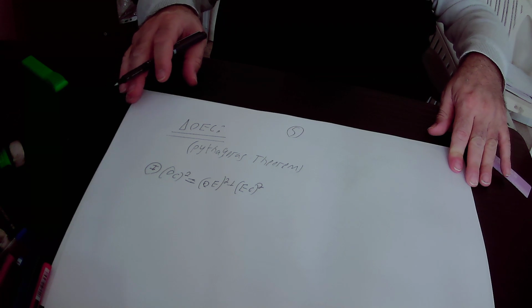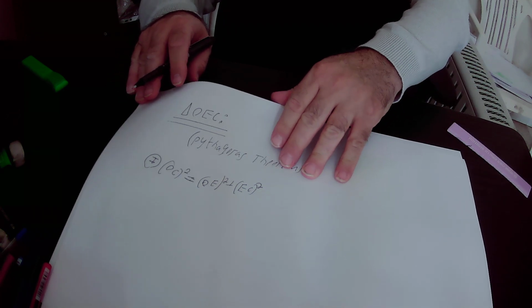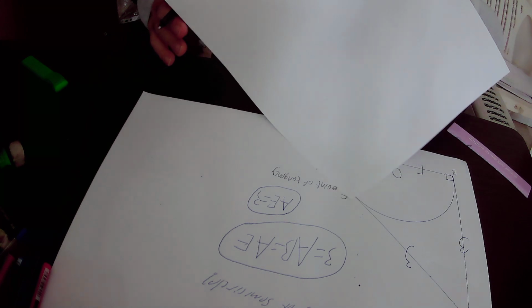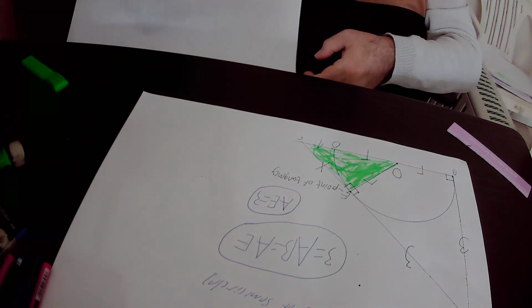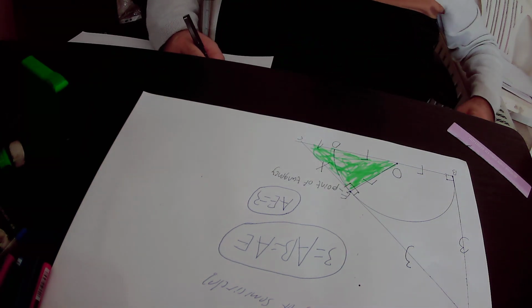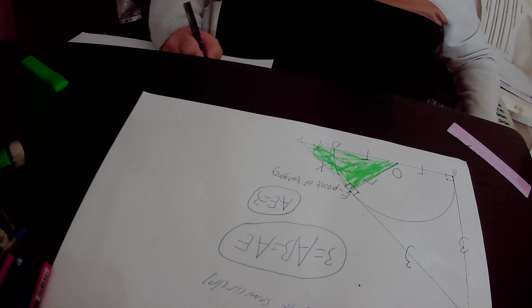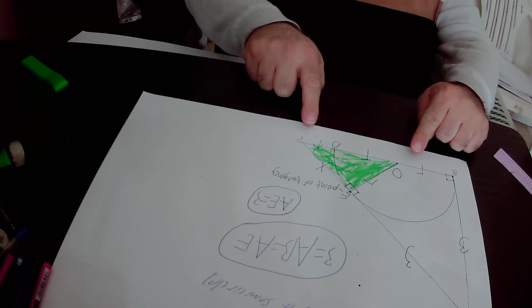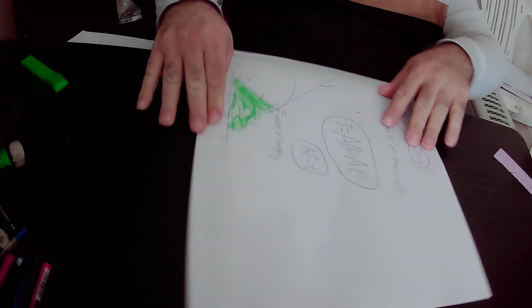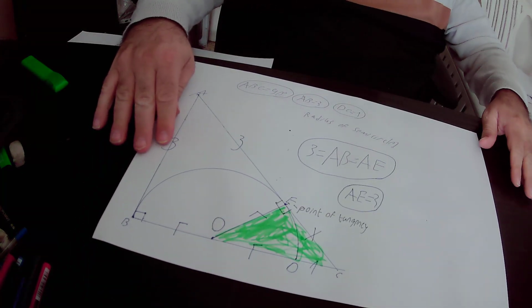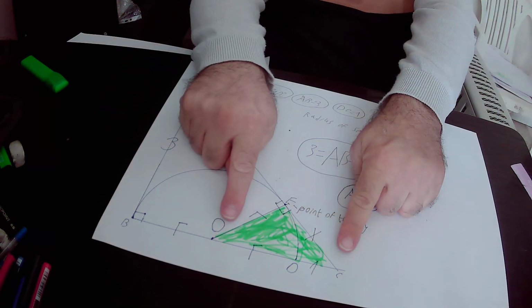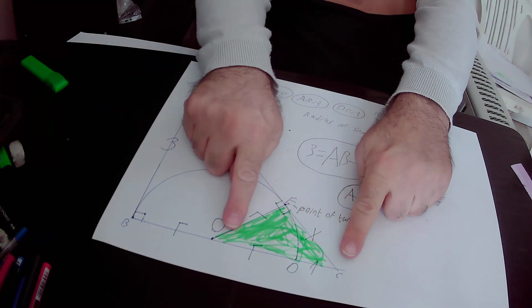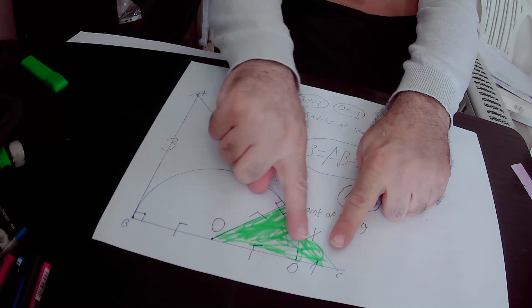But what is the value of OC, or what is the length of OC? From the drawing, you can see that the length of the hypotenuse OC equals R plus 1.